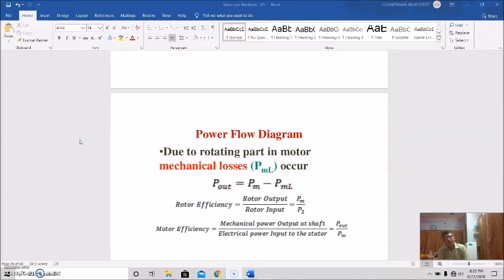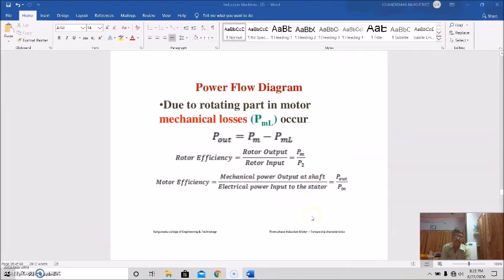Rotor output by rotor input gives you the rotor efficiency, and the ultimate motor output divided by the motor input, that is the electrical power input given to the stator, gives the motor efficiency.